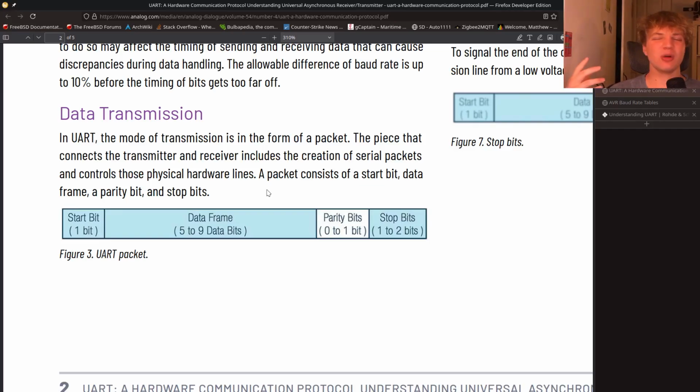There's different interpretations of it, like it can be the opposite, but essentially you're counting the number of ones to see if it's even or odd. So a parity bit is not a great error detection method for multiple reasons, but it's very simple, so it can get a lot of the low-hanging fruit. And we'll talk a little bit about error detection later on, because it applies to both UART and SPI.